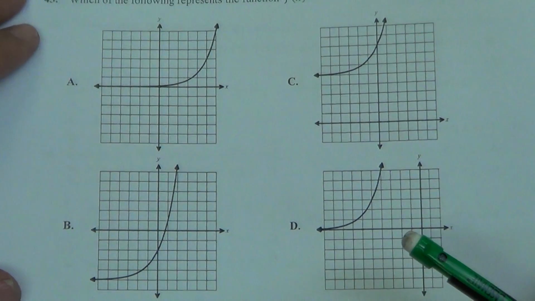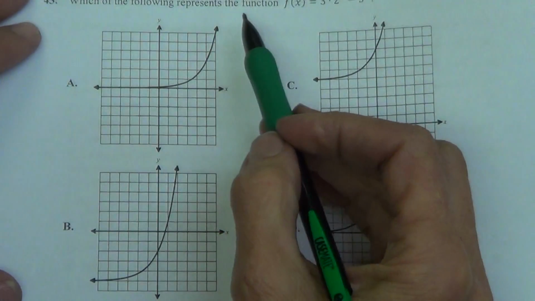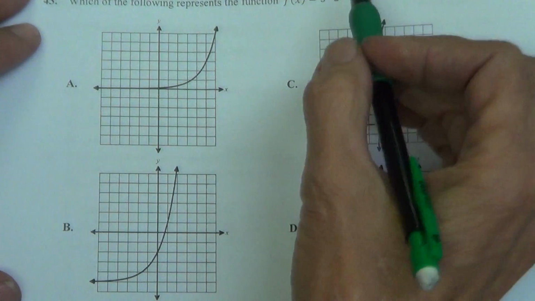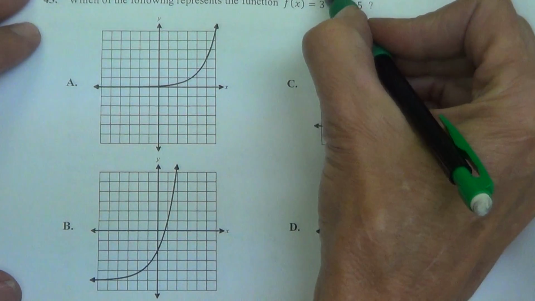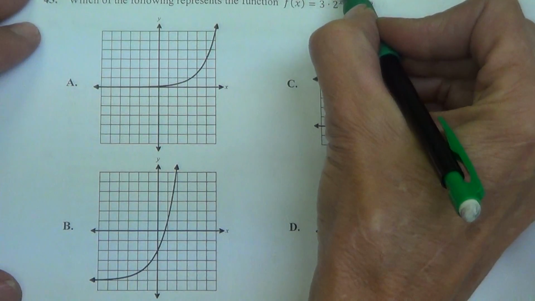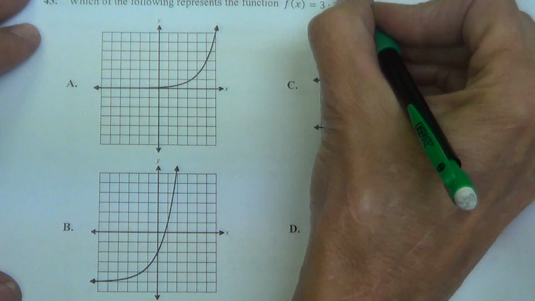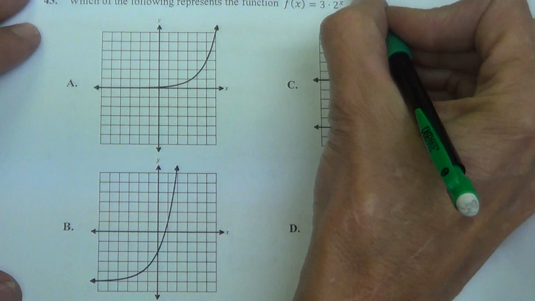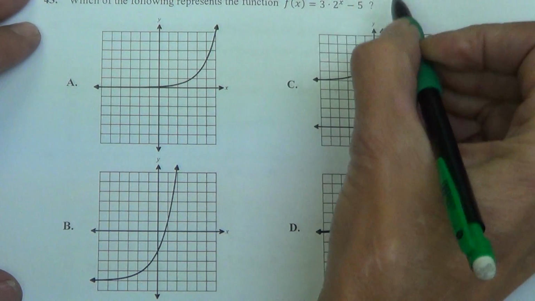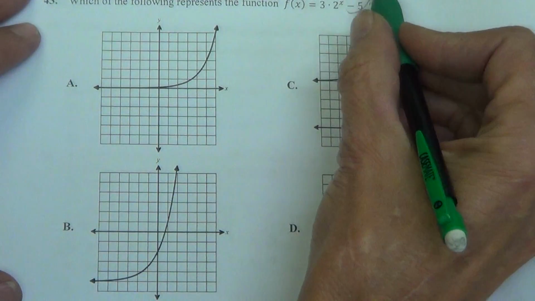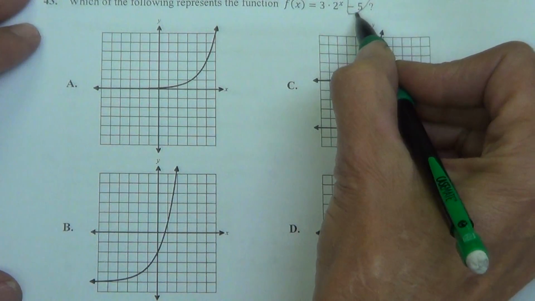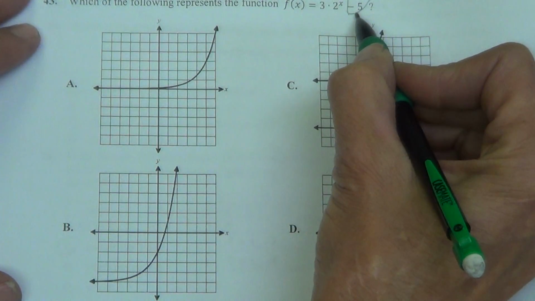Okay, next problem. Ooh, I can barely fit this one on there. Which of the following represents this? Okay, this is an HK format. So we have A times B to the X minus H plus K. Remember, our K is a shift up or down, and it goes exactly as it says.